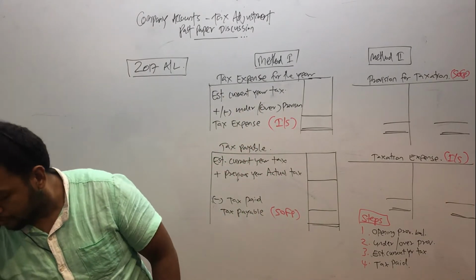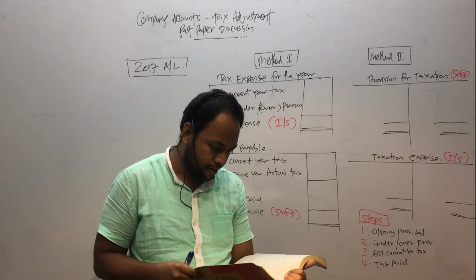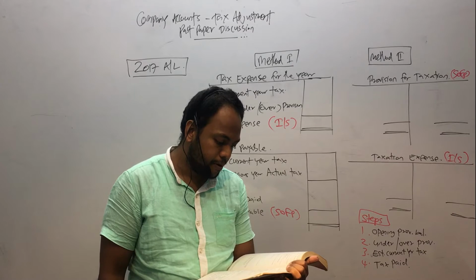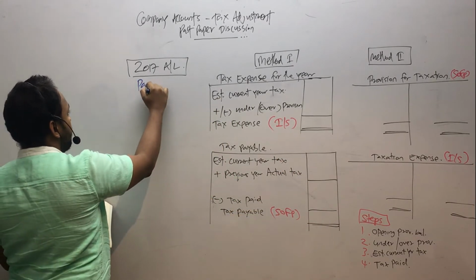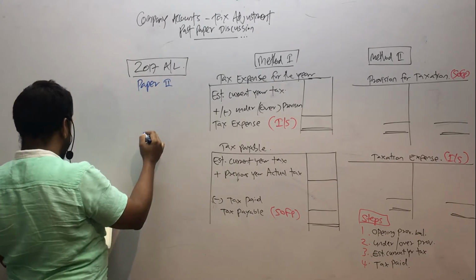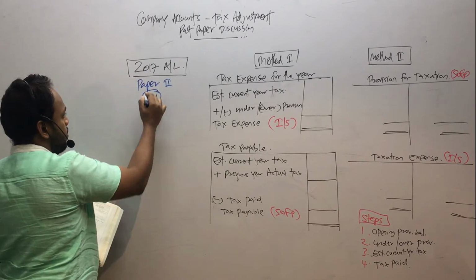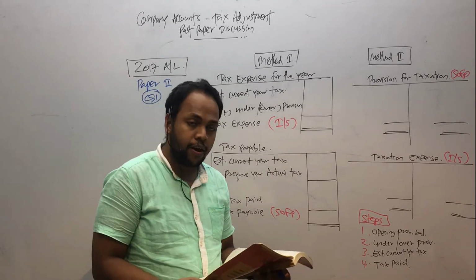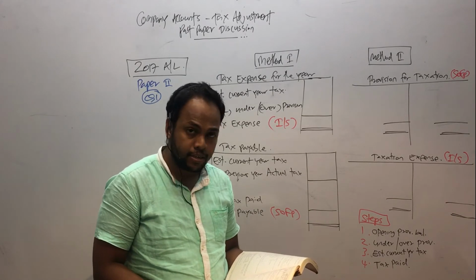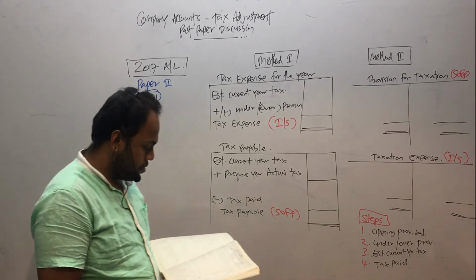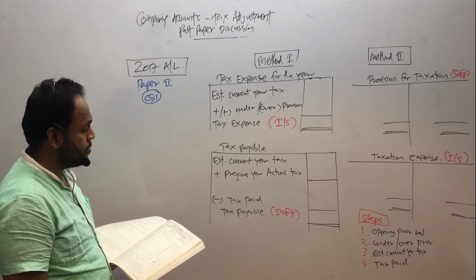Right. So as the first question, I'm going to do 2017, the second paper, 2017 A level, paper 2, question number 1. Company final accounts. I'm going to do the tax adjustment. So what is the information relevant for the tax?